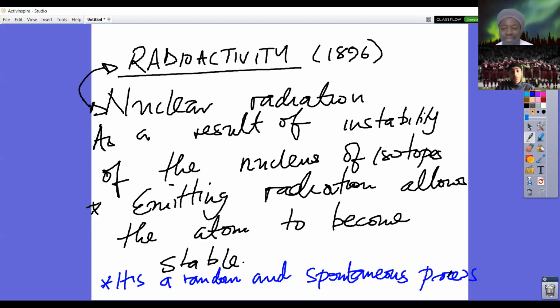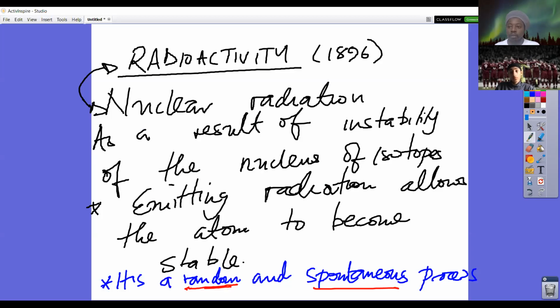It's not affected by temperature, pressure, or any chemical processes around it. That's one key thing to note because at times you will be asked what we mean by radioactivity being random and spontaneous. So these are some keywords you will want to take note of and remember about the nature of radioactivity.